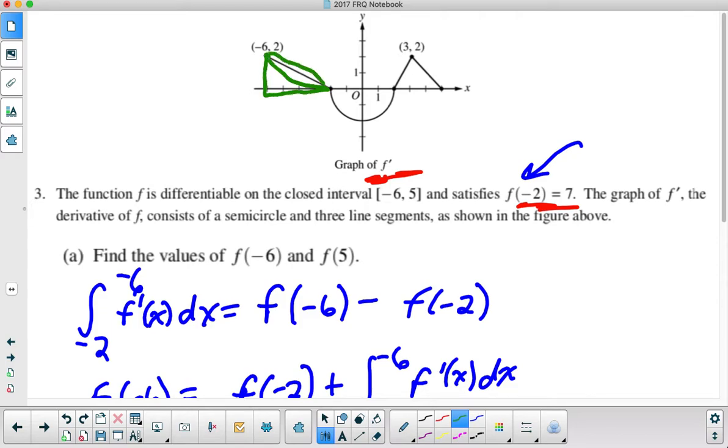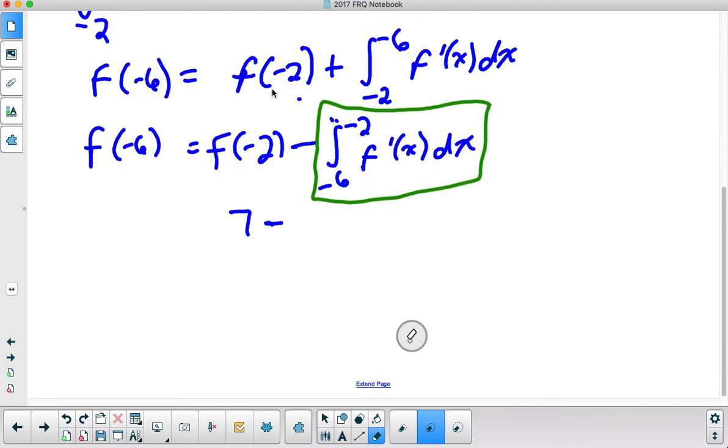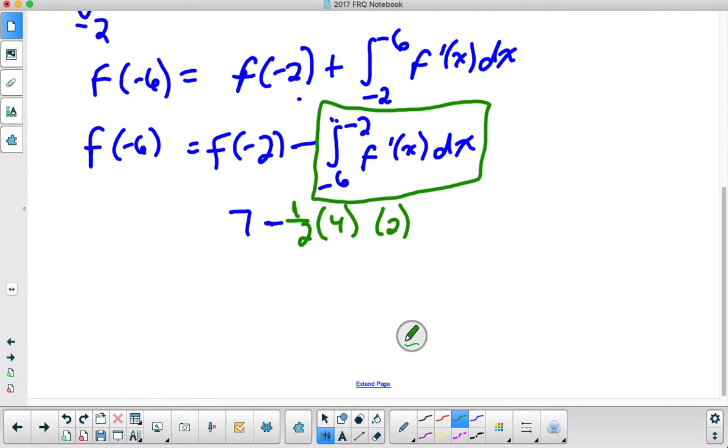Go back to your geometry formula for a triangle: one half base times height. Your base is 4, 1, 2, 3, 4, and your height is 2. So to find that area, we're just going to do 1/2 times the base, which was 4, times the height, which was 2. So all we're looking at here is 7.